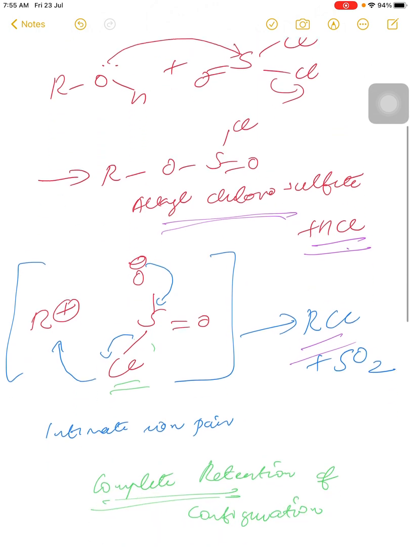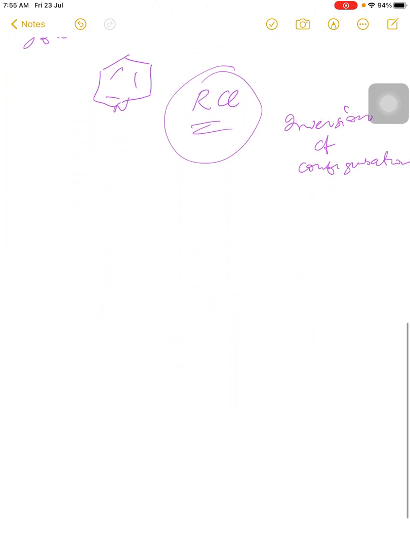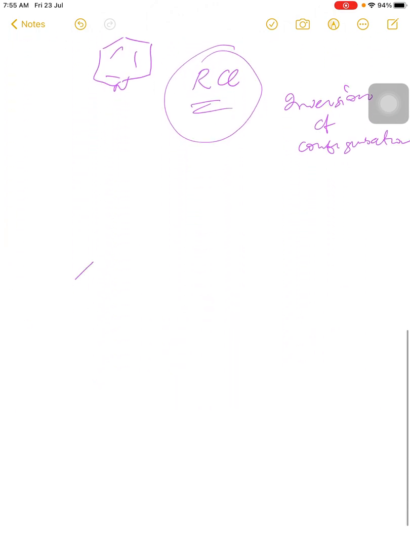And when pyridine coordinates with HCl, what will be formed? You will get pyridinium hydrochloride. In pyridinium hydrochloride, the Cl minus is an effective nucleophile, and the displacement of the chlorosulfite ester by Cl minus via SN2 takes place with complete inversion of configuration.